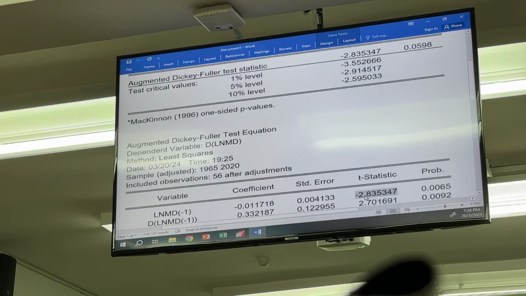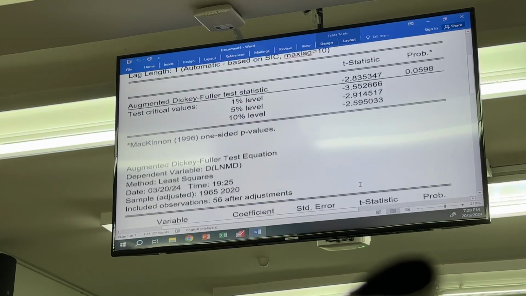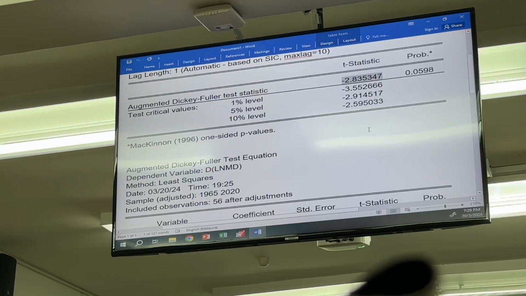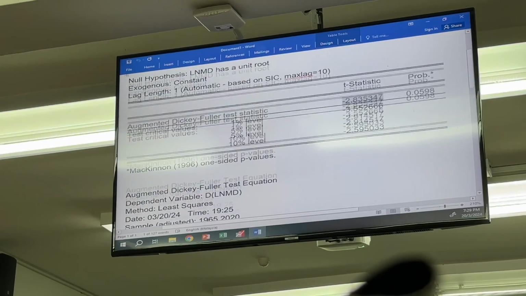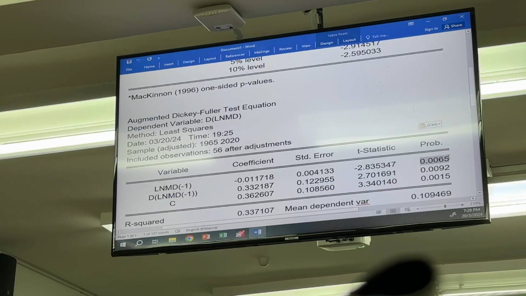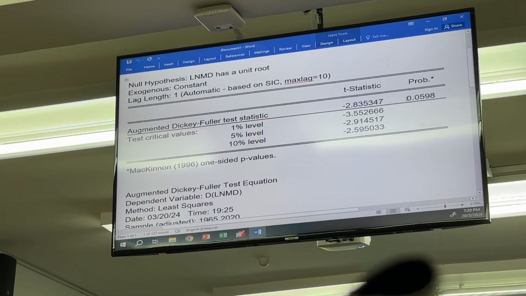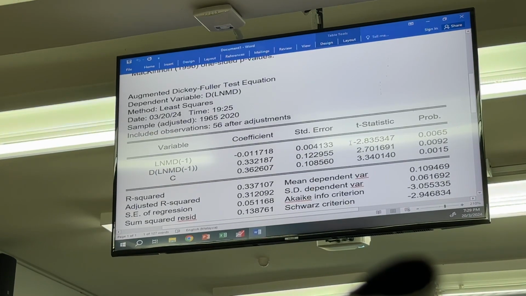So this is a test equation, and it is the same test statistic here. But you can see a different probability, 0.065, which is different from this probability. Why? Because this one is the probability in the test equation to see whether the coefficient is significant in that particular test equation.